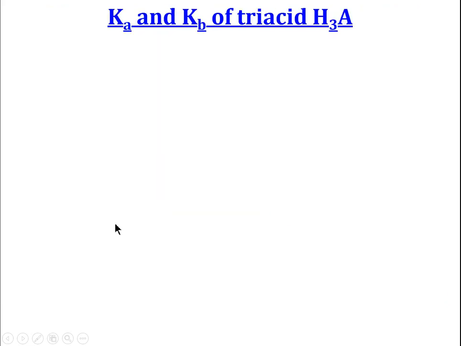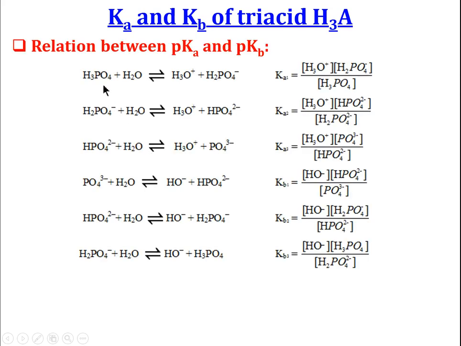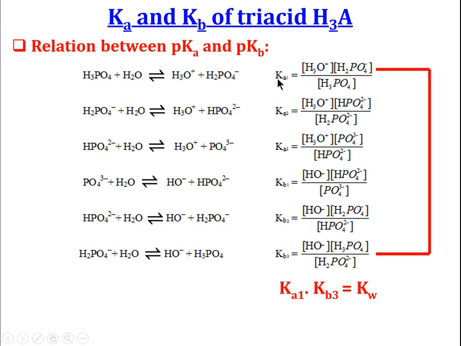The relation between Ka and Kb of triprotic acid, pay attention that Ka1 corresponds to Kb3, so Ka1 times Kb3 equal Kw.